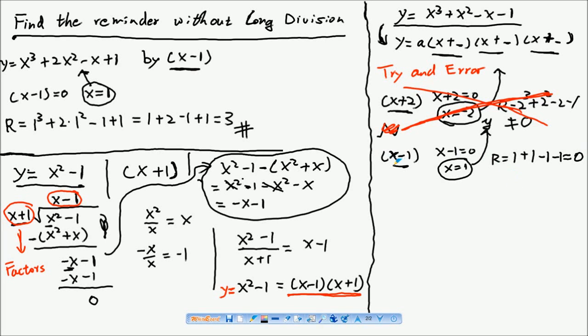Now we have one factor, then we can do a long division: x cubed plus x squared minus x minus 1, divided by x minus 1. After we found one factor of the polynomial equation, we use the polynomial equation to divide by this factor to find the other factor.